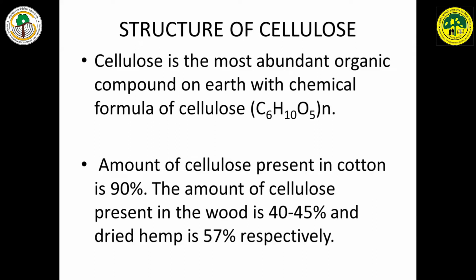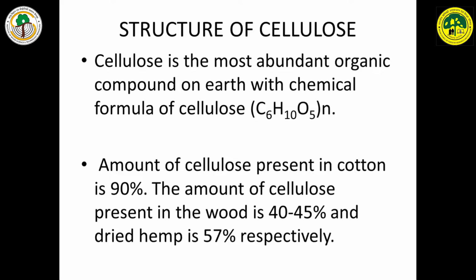After that, the main thing we have to understand from wood chemistry is the structure of cellulose. Cellulose is the most abundant organic compound on earth, and its chemical formula is (C6H10O5)n, where the value of n is around 10,000 to 15,000.